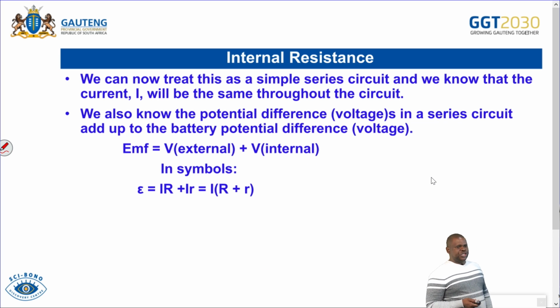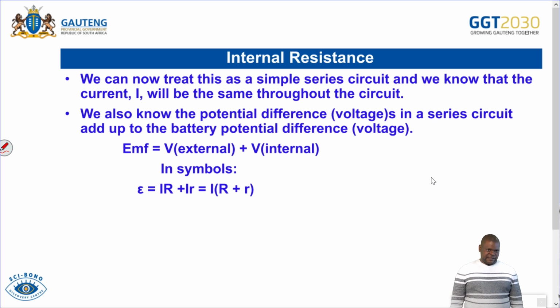Okay, grade 11, we continue. We can now treat this as a simple series circuit, and we know that the current will be the same throughout the circuit. Are we together? Yes. We also know the potential differences in a series circuit add up to the battery potential difference.